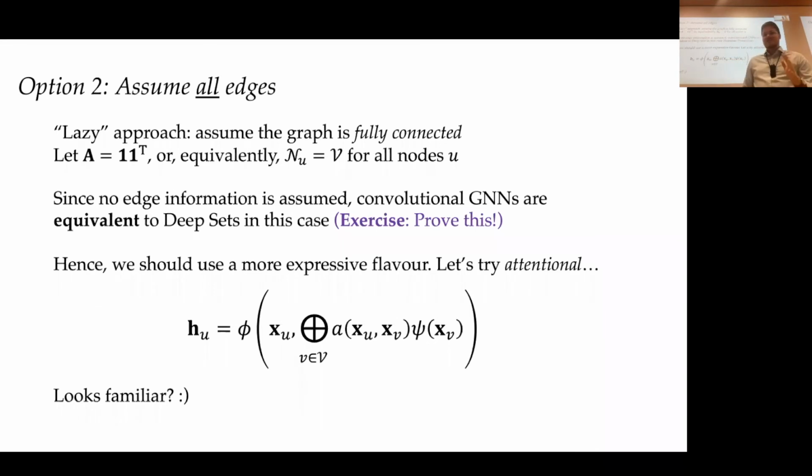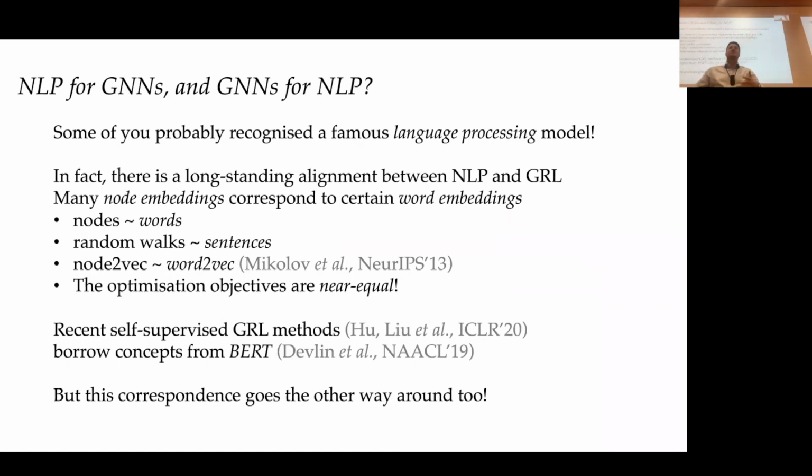But I do not want to start at this point and then immediately say, hang on, I've just shown to you that transformers are a special case of GNN, blah, blah, blah, right? I want to actually take a step back and motivate this whole discussion from the point of view of someone who uses transformers for natural language processing, so that hopefully we can all agree that this connection exists.